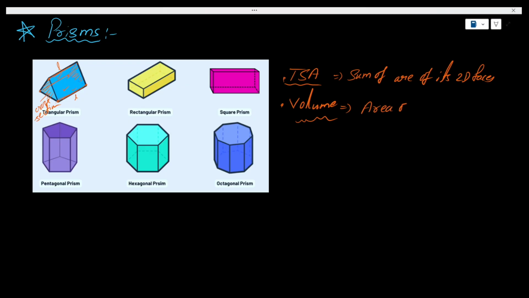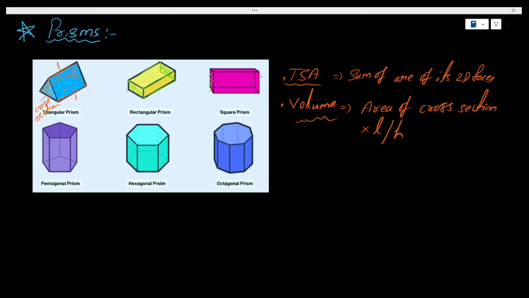Whenever we have any prism, the volume is always the area of cross section times length, because the length is going to be the same, or in some cases it can be the height if it is kept vertically. Here also, what is the cross section? These rectangular faces are known as the cross section, and there are four vertices of the rectangle that are joined by straight lines, so it is a prism.